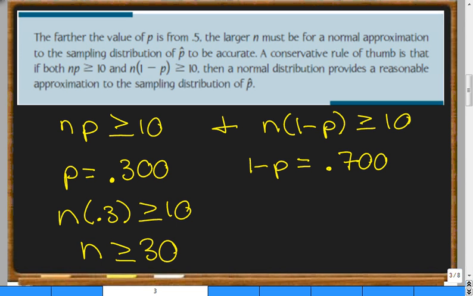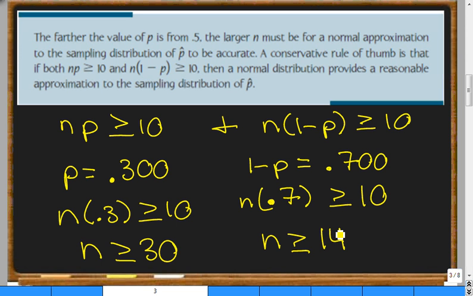Now on the other side, 0.7 times n has to be greater than or equal to 10. This would be a little bit different number. You would have 10 divided by 0.7, which would be 100 over 7, so you need n to be greater than or equal to about 14.